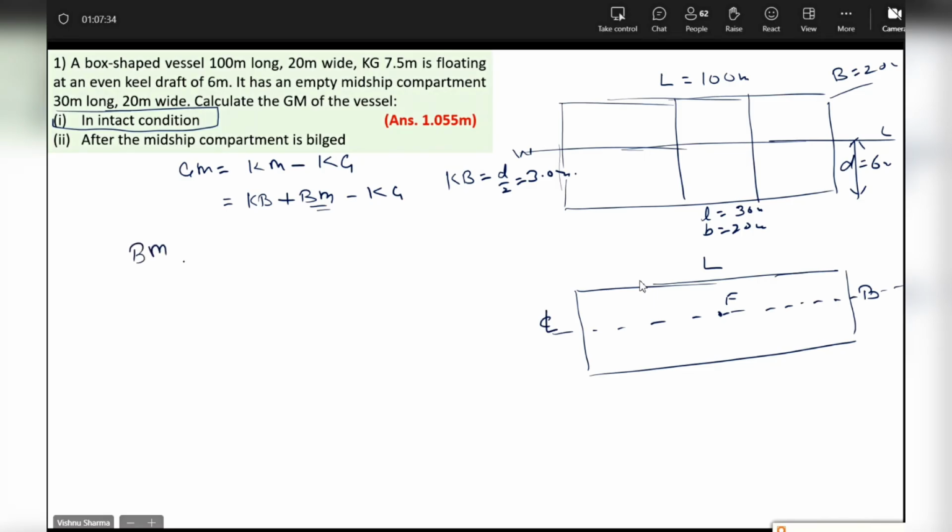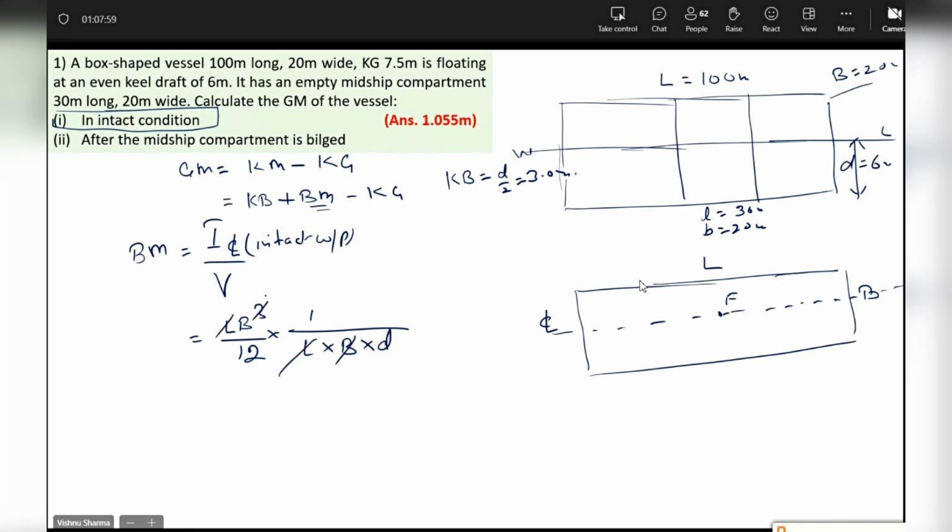Now, BM will be equal to ICL of the intact water plane upon V. The whole water plane is intact and it's a standard axis, so LB cubed by 12. Volume of buoyancy comes from the upper diagram. It will be LBD. So it is B squared by 12D. B is 20, squared, by 12D. D is 6, sorry, my mistake. How much do you get, beta?